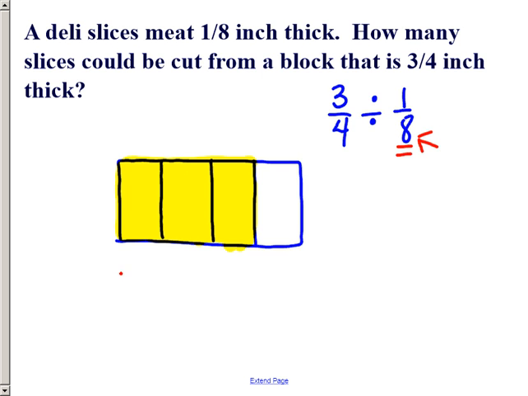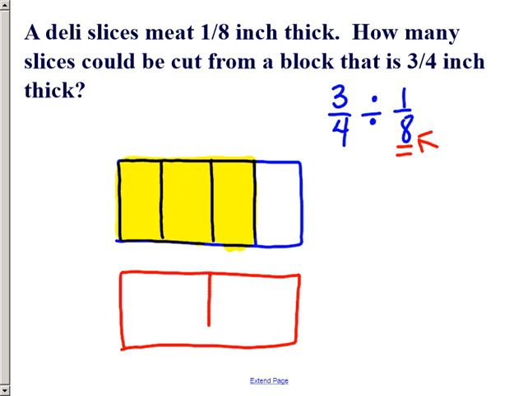So if I can rethink this, I'm going to rethink my 3/4, or I'm going to split this into 8 parts. Notice when I split it into 8 parts that I'm going to have right here, this is where it's going to line up.